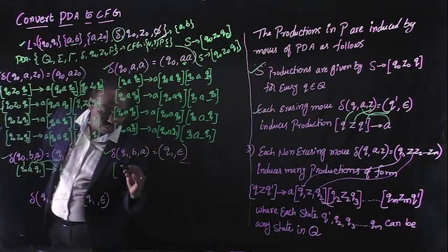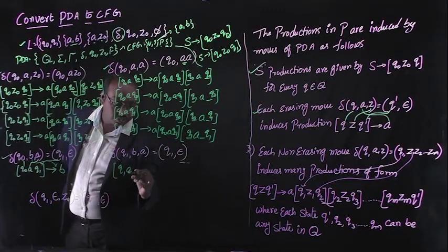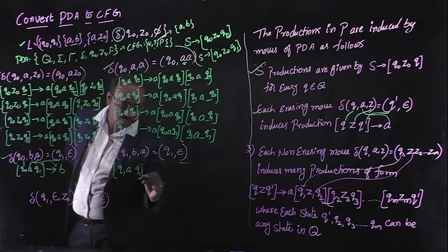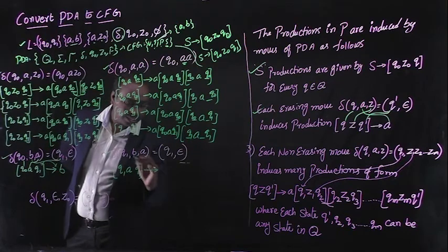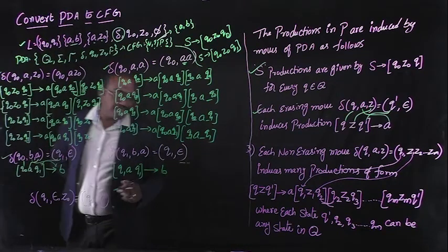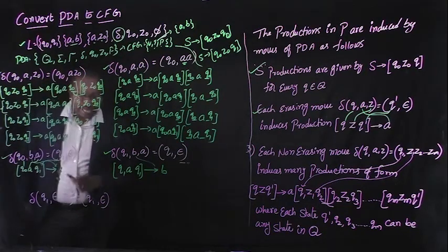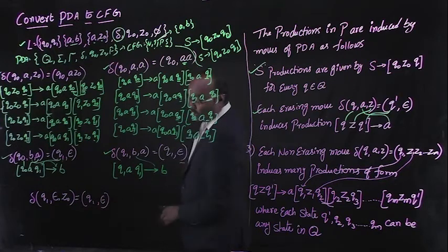Within square brackets, first we take the state Q1, input symbol A, stack symbol A, and state Q1, which tends to input symbol B. Then the last one, delta(Q1, epsilon, Z naught) equals (Q1, epsilon).